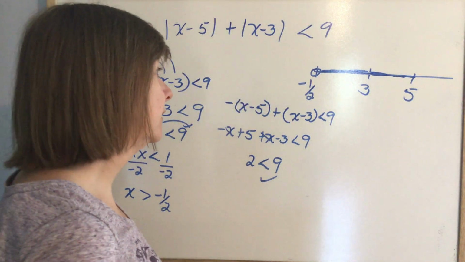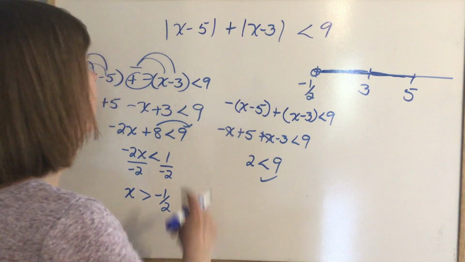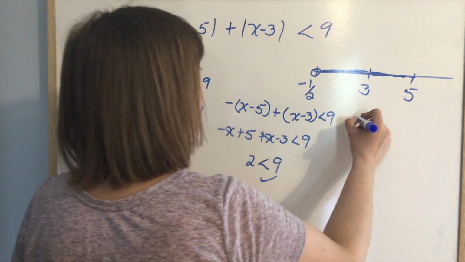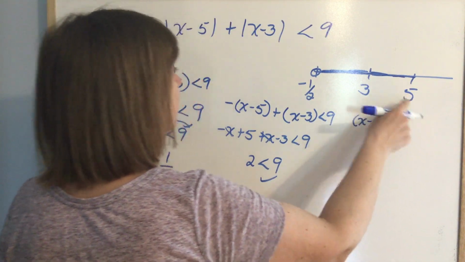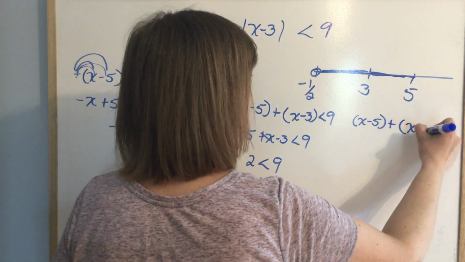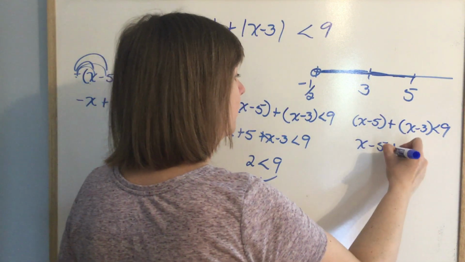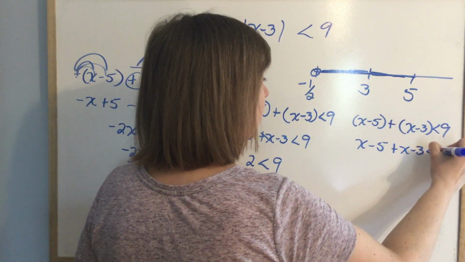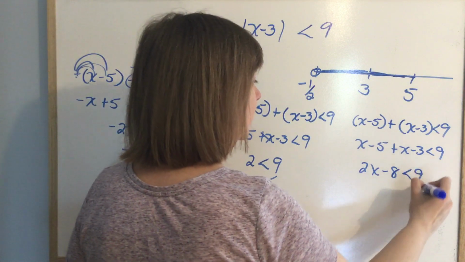And then for numbers bigger than 5, so 6. 6 take away 5 is a positive, and 6 take away 3 is also a positive. And so I have x minus 5 plus x minus 3 is less than 9. So 2x minus 8 is less than 9.